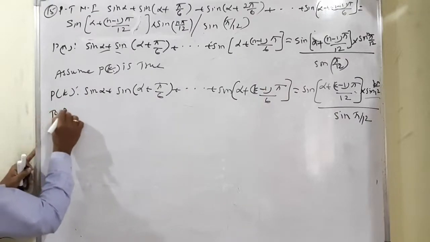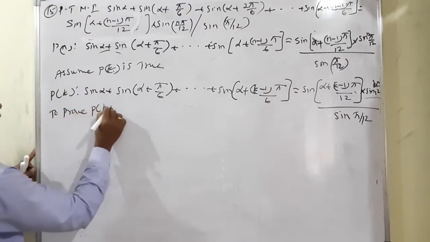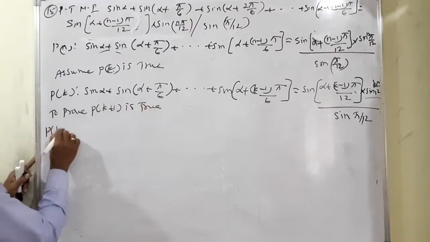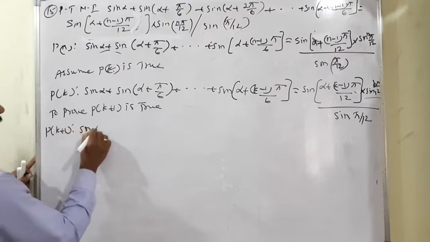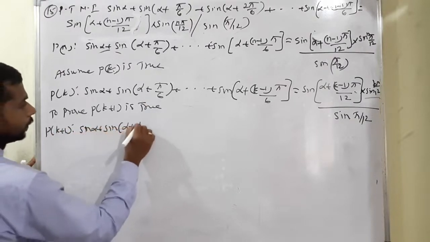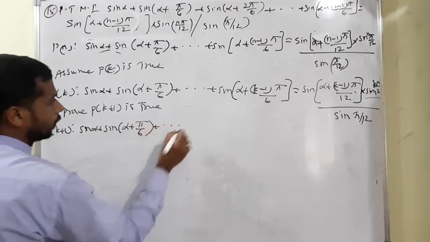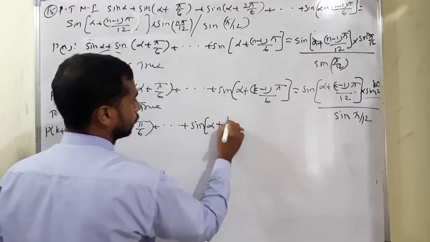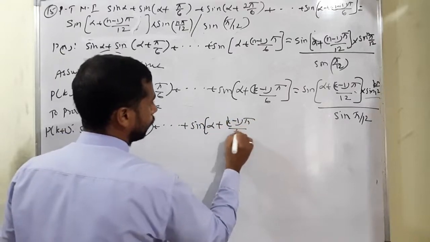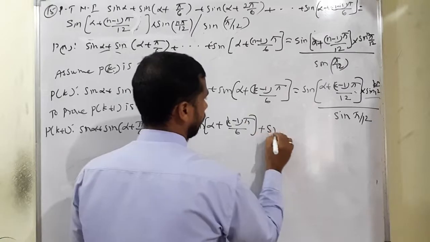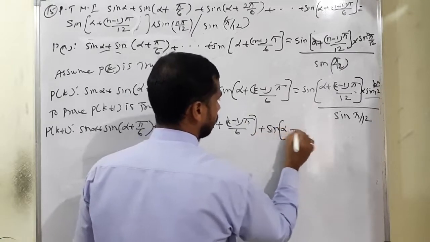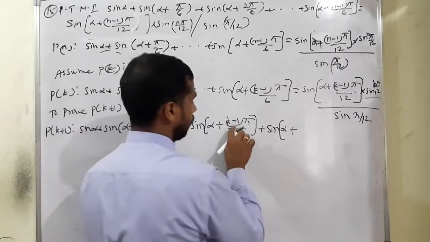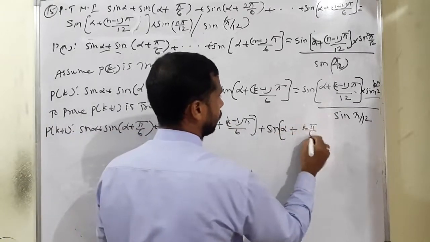So to prove P of k plus 1 is true, again P of k plus 1: sin alpha plus sin alpha plus pi by 6 plus ... plus sin alpha plus (k minus 1) into pi by 6, then plus again sin alpha plus, instead of k apply k plus 1, so plus 1 minus 1 cancel, only k balance, so k pi by 6.